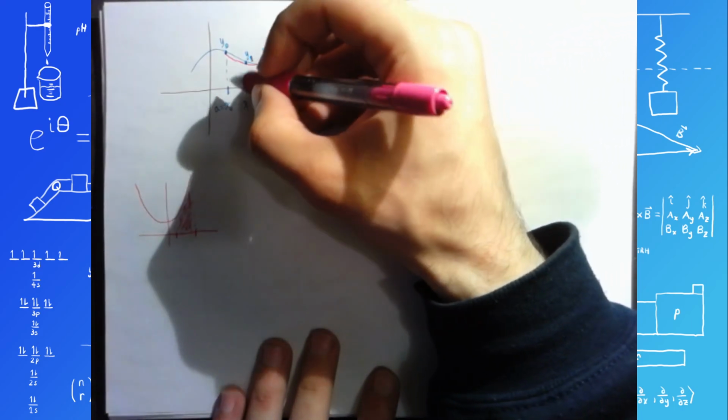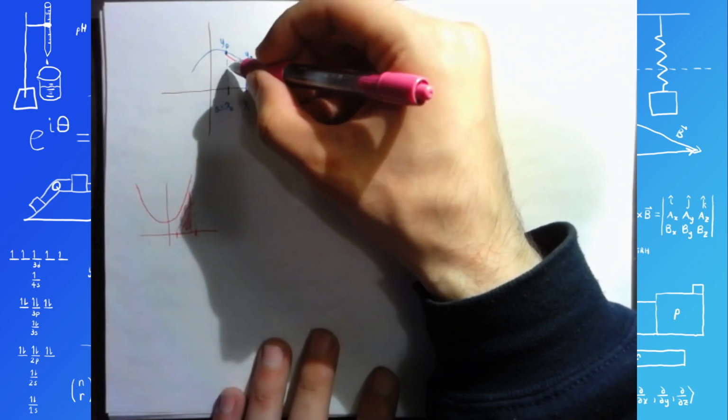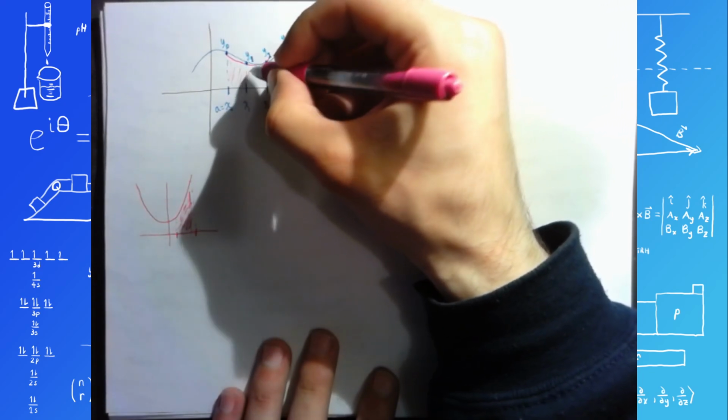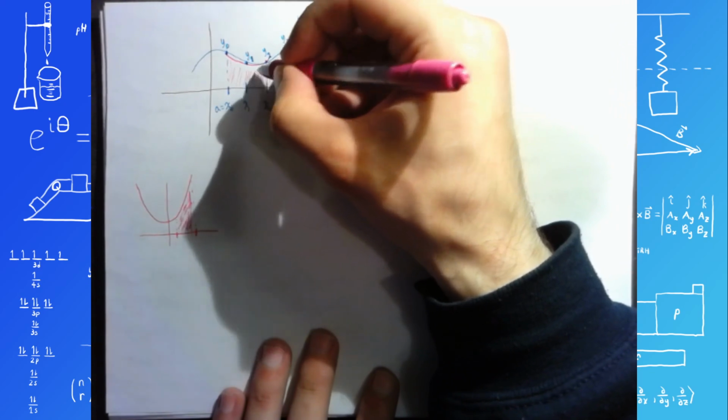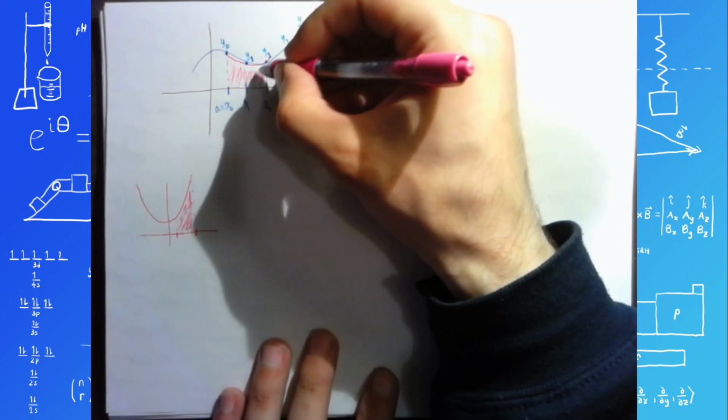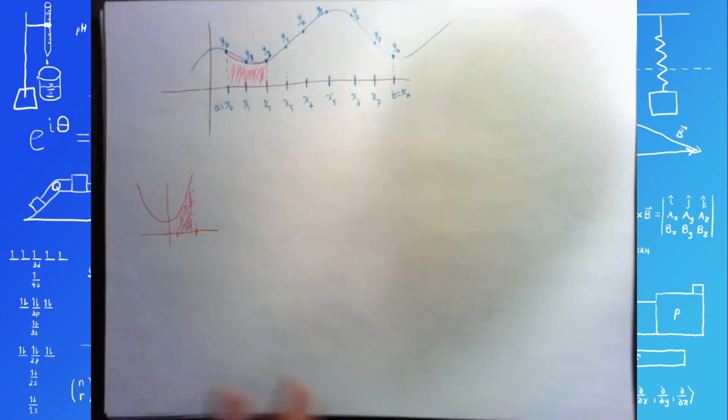So I want to figure out what the area under this pink curve is. This pink curve doesn't fit exactly onto the blue curve, but should be a pretty decent approximation.